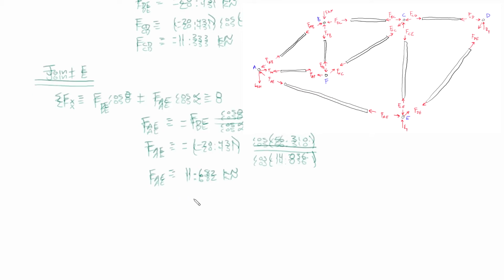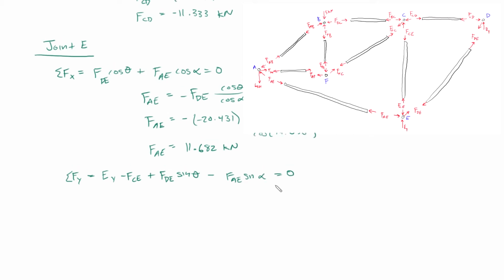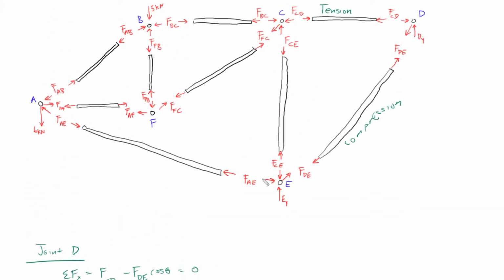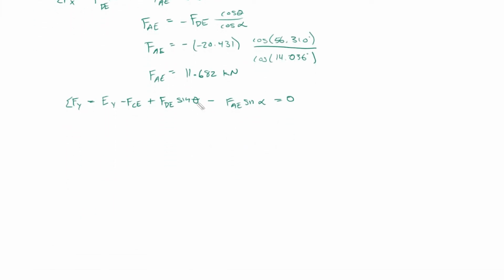So now what we can do is sum the forces in the y direction. What we get is EY minus FCE plus FDE sine theta minus FAE sine alpha, and that equals 0. Again, I'll probably put an image or something so you can see what I'm doing with the forces in these equations. So what I can do is solve for FCE.